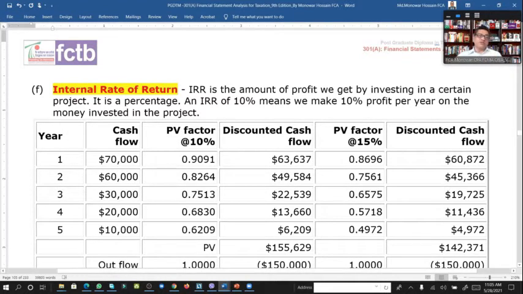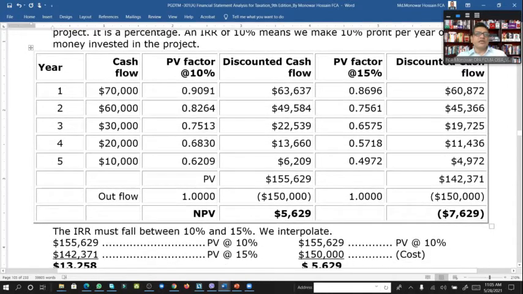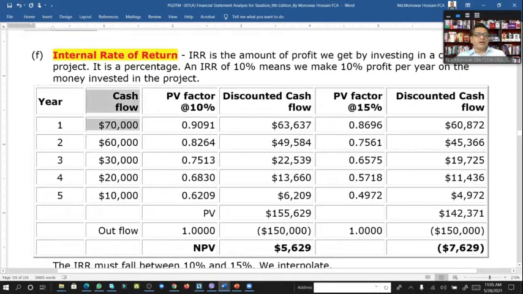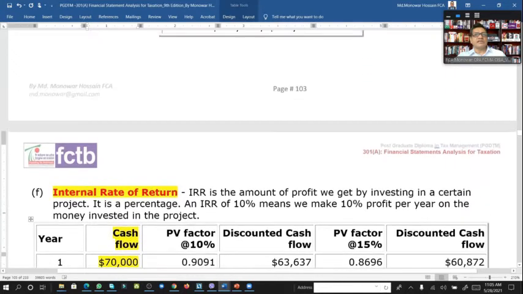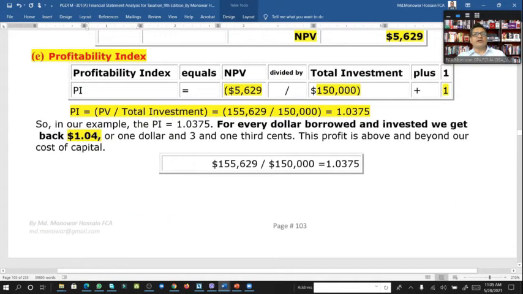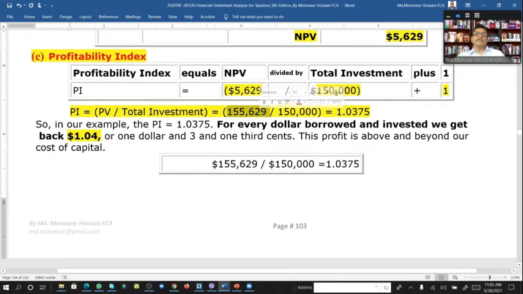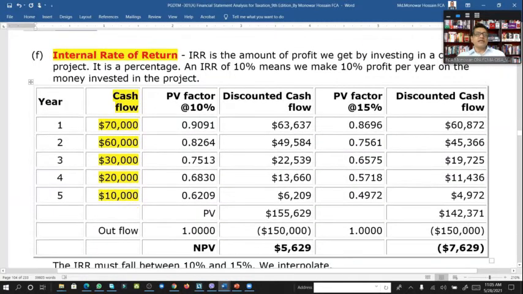Now we will go for the calculation. Look here, all cash flow of the project. Another positive thing of the profitability index is that it takes all cash flow and the time value of money into consideration. IRR also considers the net present value and the time value of money.